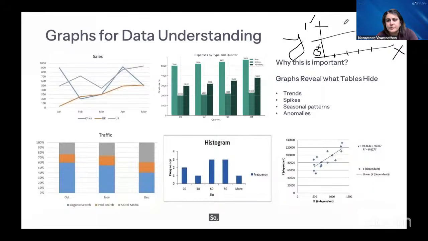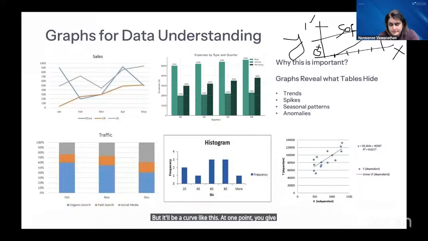You basically use a softmax to do it. It will be a curve like this. At one point you give up, and you try to predict that. Am I making sense, everyone? Is it clear how a logistic regression works?